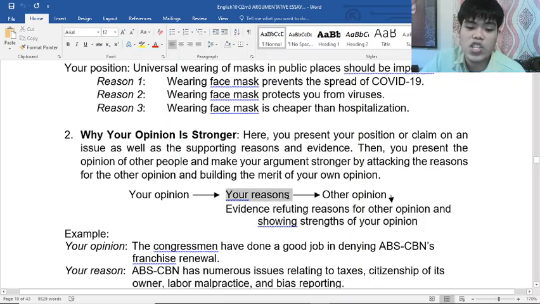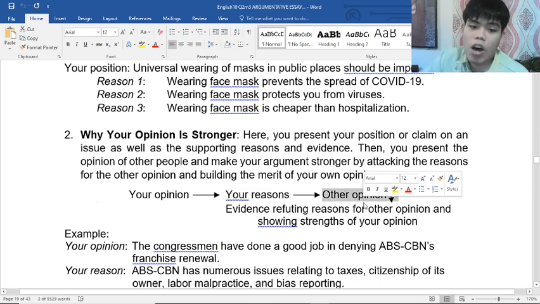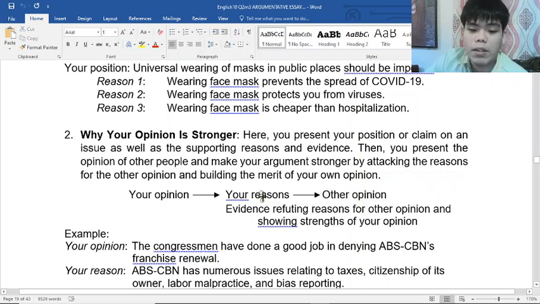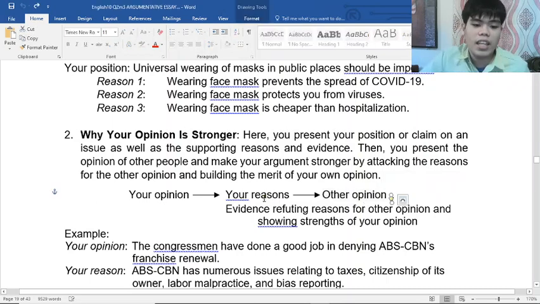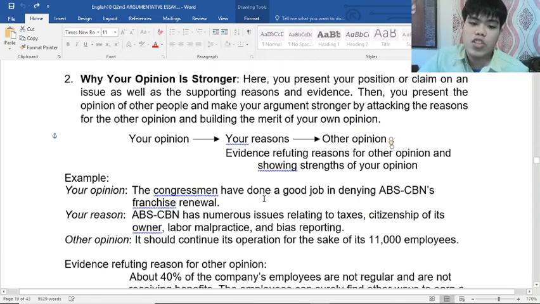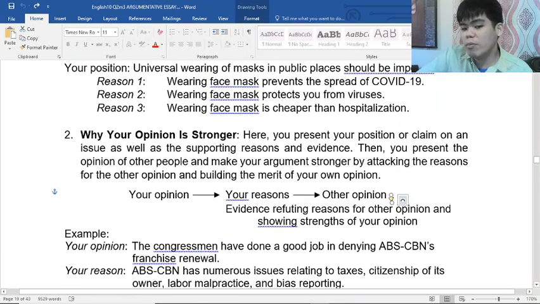Your reasoning and the other opinions from other people will back you up, meaning it will make your opinion much stronger. So that is how to create an argument which is quite strong.